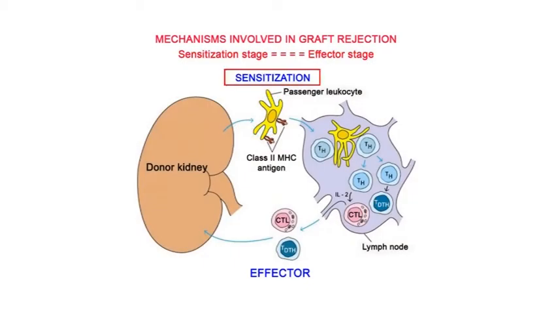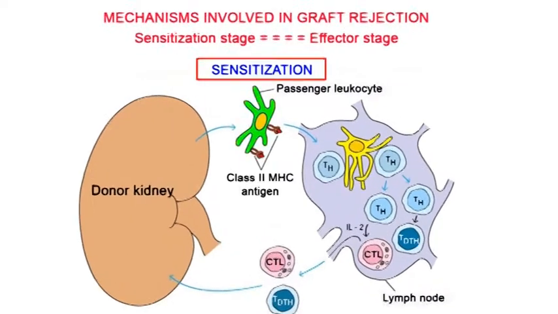In the sensitization phase, the alloantigens present on the graft cells are recognized by the T cells and cause their proliferation. The major antigens recognized by the T cells are the major and the minor histocompatibility antigens present on the grafted cells.